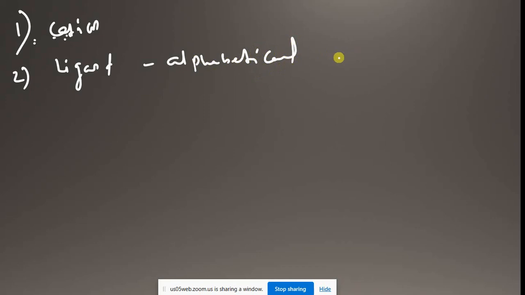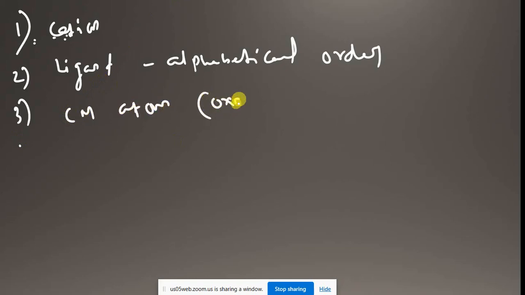Third, after writing the ligand, write the central metal atom followed by its oxidation number in brackets. And fourth, write the name of the anion. That's all. So simple, four steps.